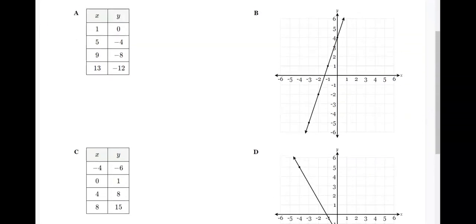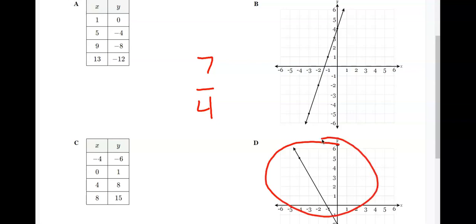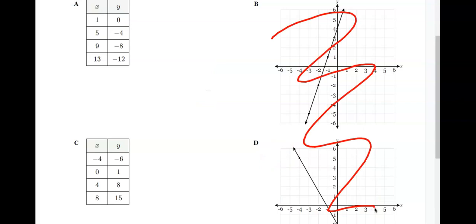So let's take a look at what we've got so far. Alright, so 7/4. You see how this one is going downhill? So I know that it's wrong. You can't have a positive slope if you're going downhill. And now I'm going to check this one because it's pretty fast. It's definitely not going up 7 and over 4. So I know both of these are out. So now I have to look at the pattern here.